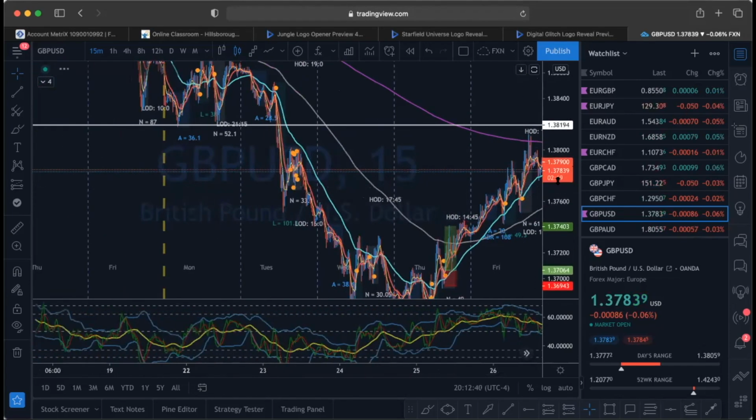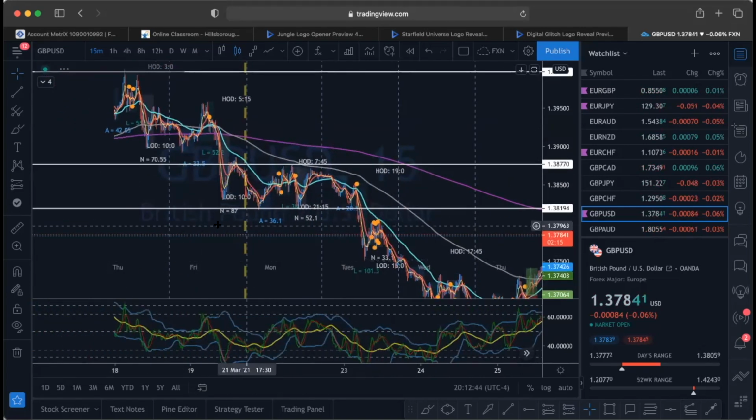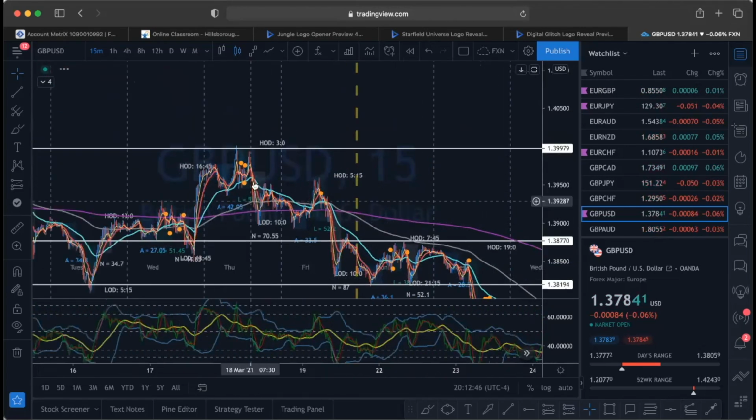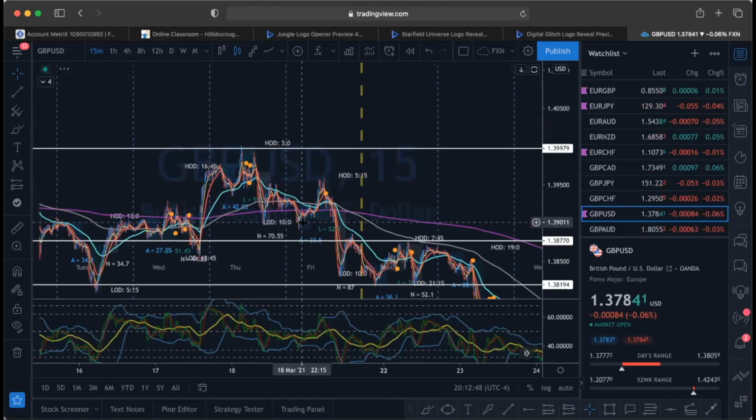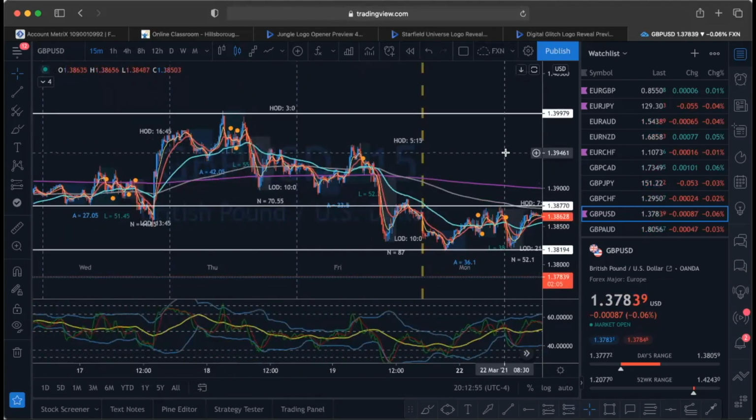That's just what it does all the time. So if you have the EMAs in your favor, then that's typically what you'll find. This is very common. So a lot of times in the US session, you're going to be aiming more likely towards 20 pips than 30.